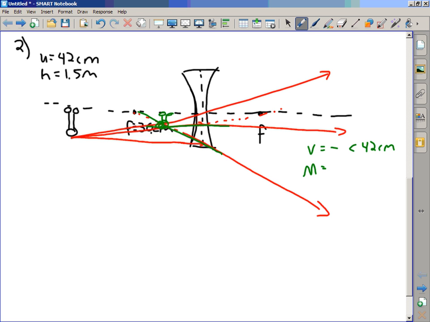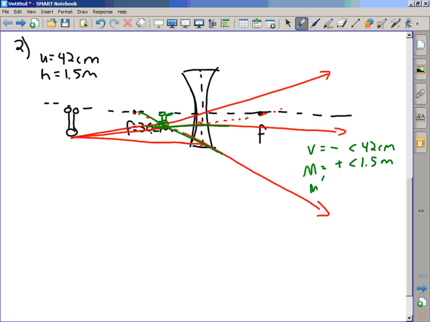Magnification, positive or negative? Positive, right? It didn't flip. It stayed the same way. It was inverted and it's still inverted. So I expect the magnification to come out positive here. And do I expect it to be greater than or less than 1.5 meters? I expect it to be less than 1.5 meters. So that object got smaller, right?